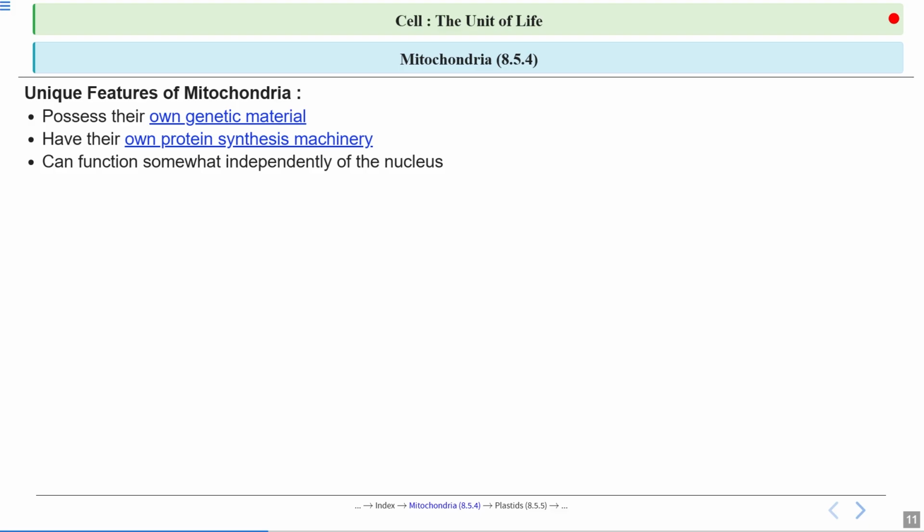Usually the nucleus directs all the events occurring in the cell, but here mitochondria can produce its own proteins, so it is semi-autonomous. It is essential for cellular energy production, so mitochondria produces energy in the form of ATP.